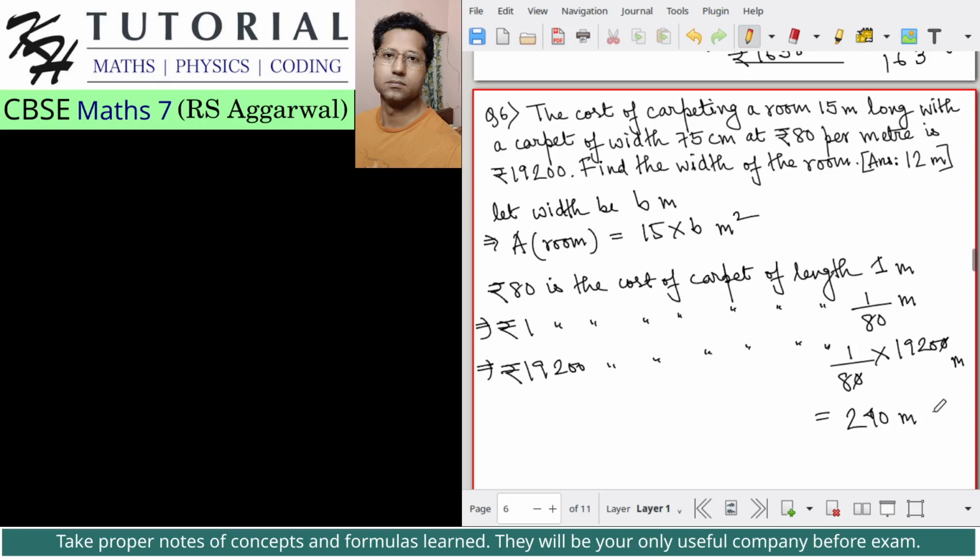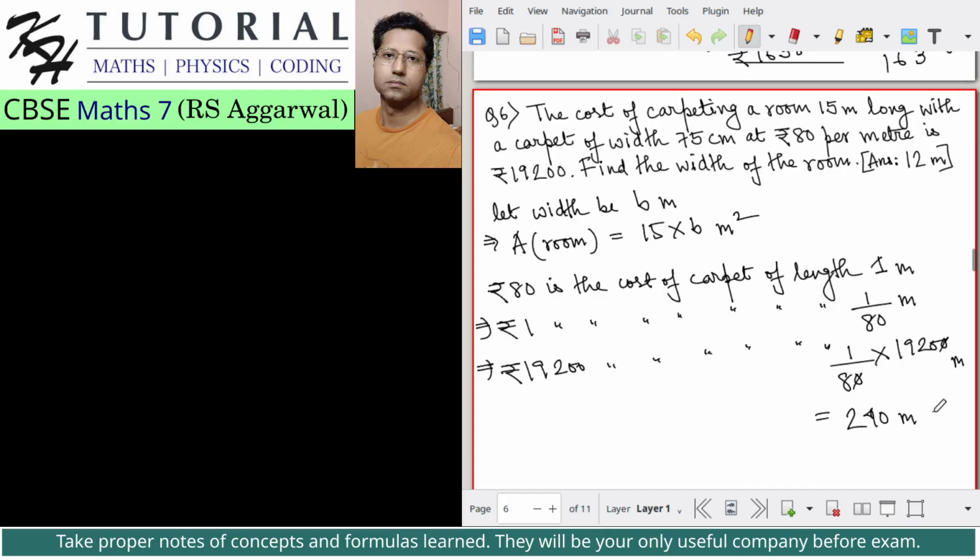So rupees 19200 is the cost of 240 meter of carpet. So we need 240 meter, the length of the carpet that we need to entirely cover the floor of the room.